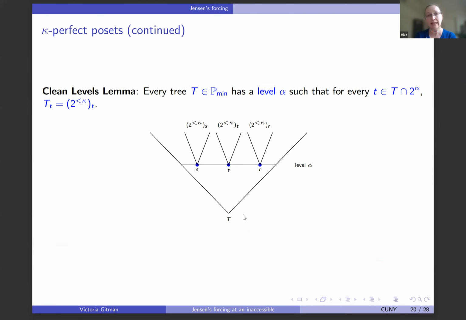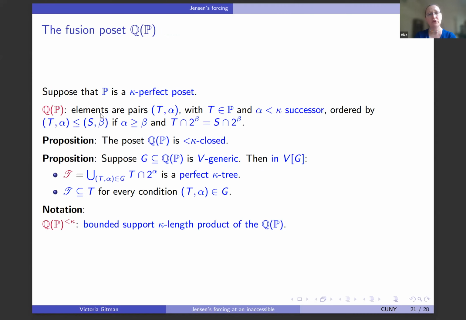And what it says is, if you have a tree in this poset, as long as you go to some high enough level, it actually looks like the full tree. You might have some mess on the bottom here, but as long as you go high enough up, you know exactly what your elements look like. They really look just like the full tree. And so we will have more of these clean level lemmas.